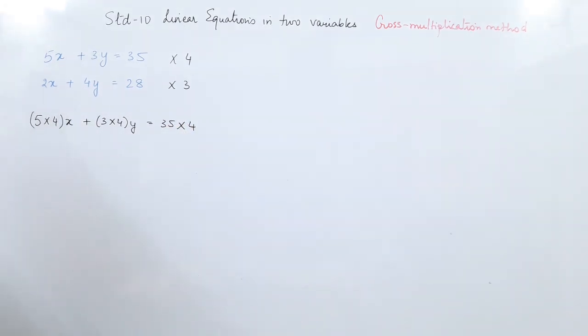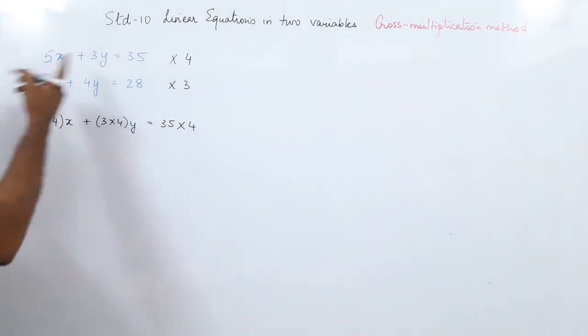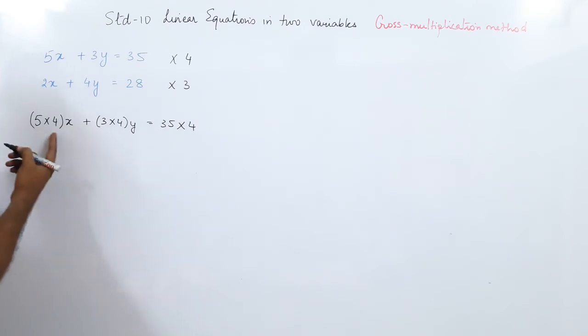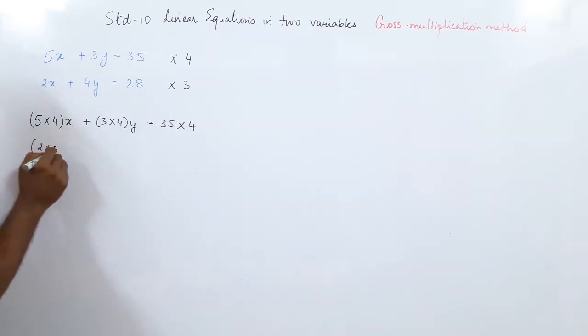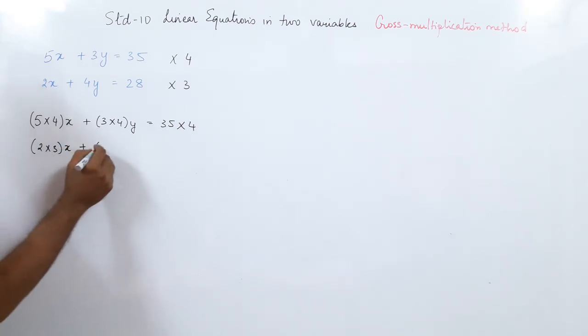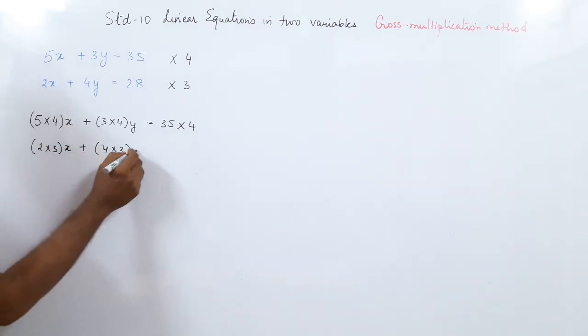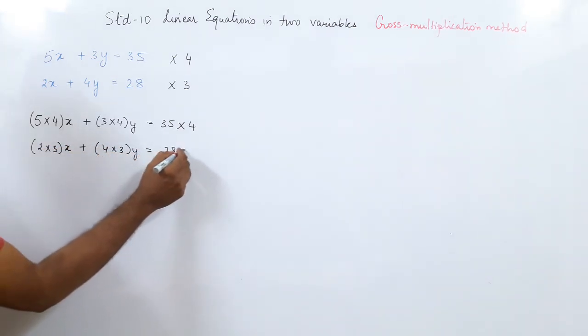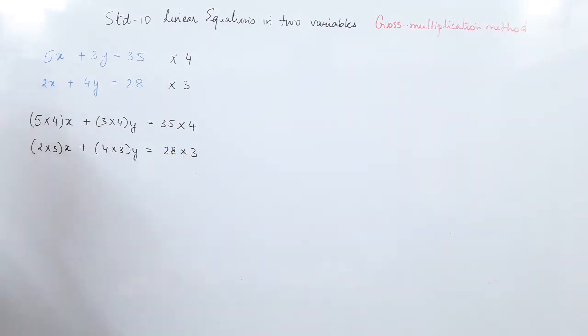Now you will think, why am I writing it in this way? You will see why I am writing it this way. Why am I not writing 5 4s are 20? I have kept 5 into 4 as it is. Here 2 into 3x plus 4 into 3y equal to 28 into 3.